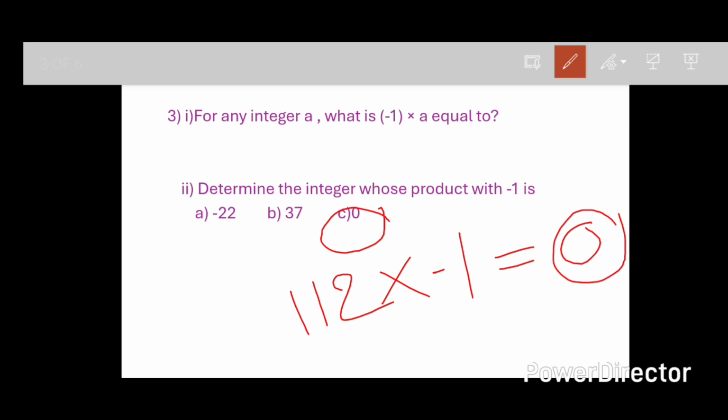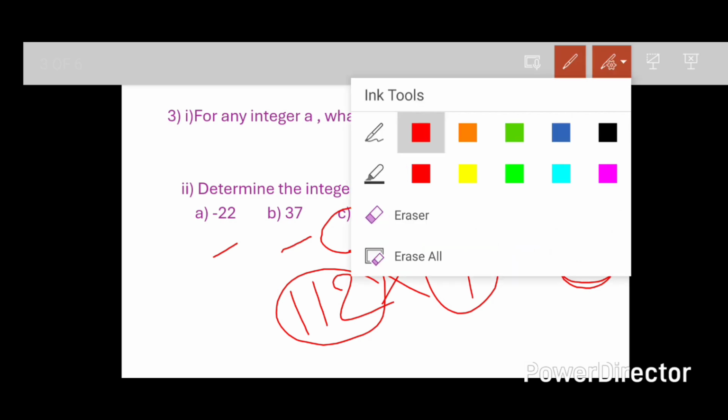It is not having any plus or minus symbol. That's why you take any number here and multiply with minus 1, then the answer becomes 0. The first answer is 22, next answer minus 37, and next you take any number. I took here 112.